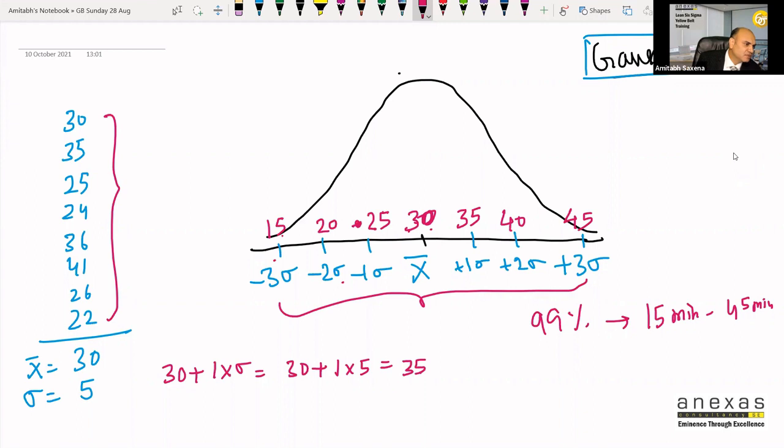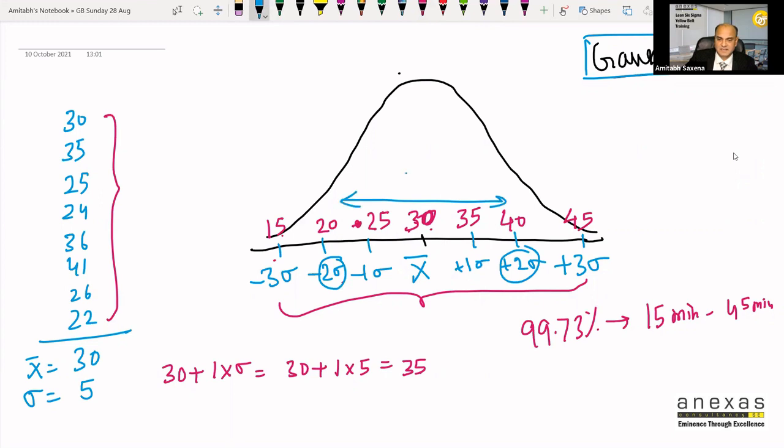Is it 99% sure or 98? 99%, 99.73. To be more precise, it is 99.73%. But I'm just making a general thumb rule. And if you want to know more, plus minus 2 sigma contains approximately 95%.